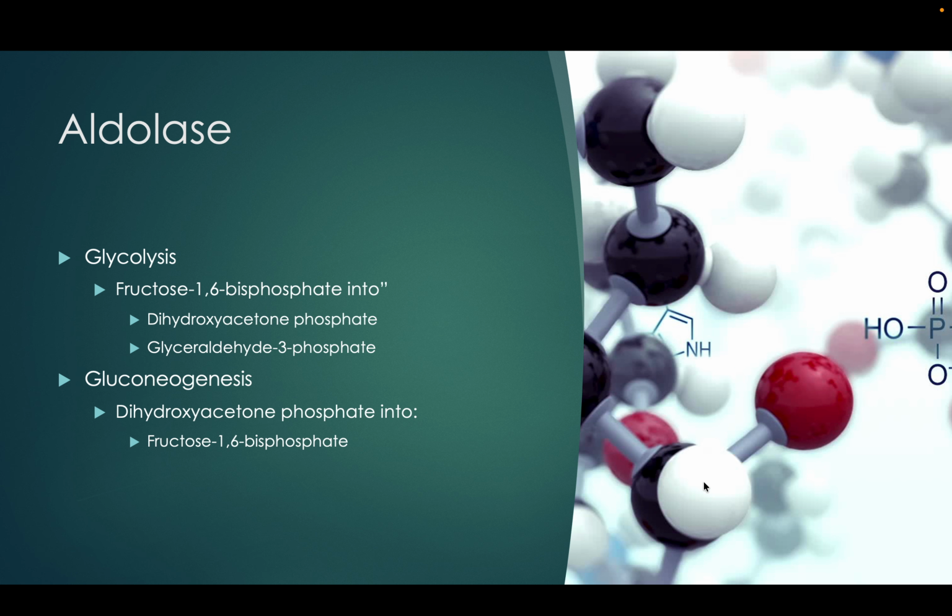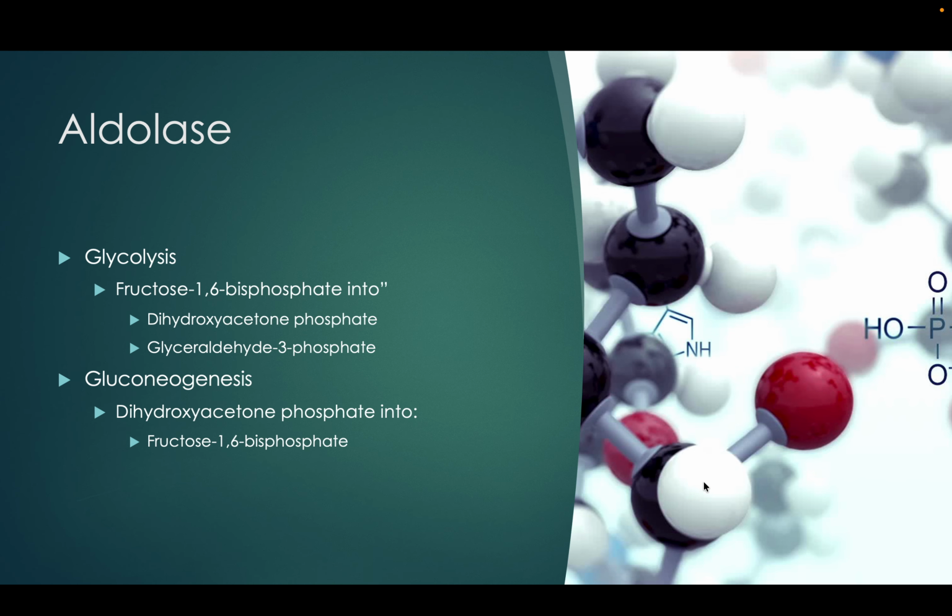These reactions are inverses, except that fructose 1,6 bisphosphate can be converted into two different molecules. But the fructose 1,6 bisphosphate can only be created from the dihydroxyacetone phosphate.